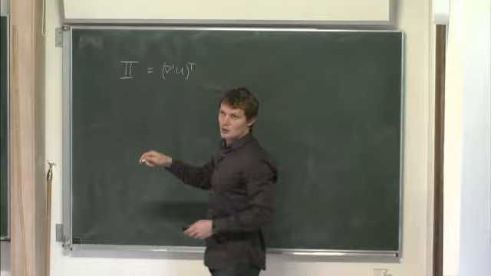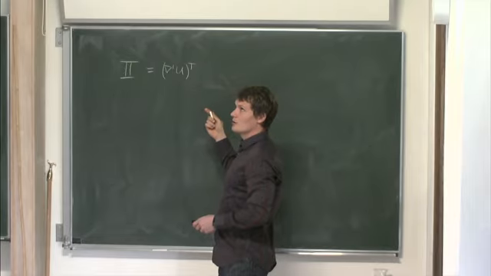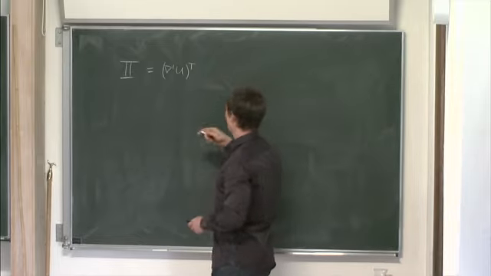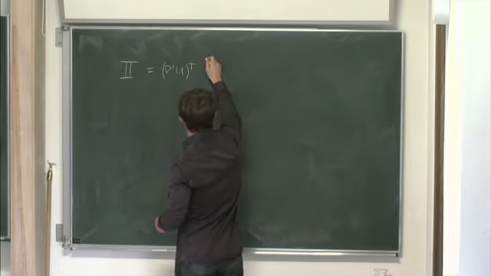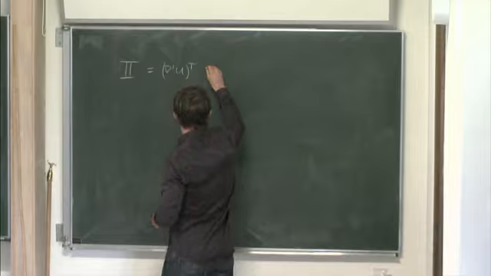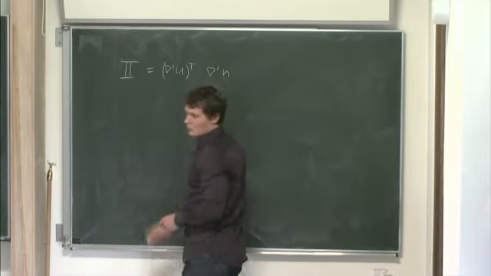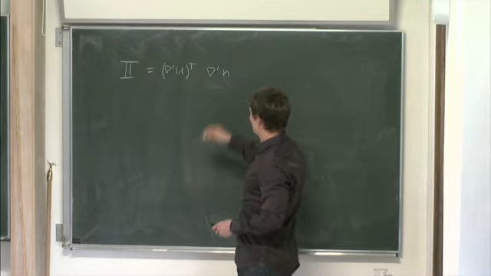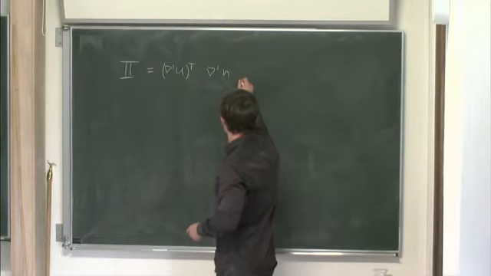This is a 3 by 2 matrix, and when we transpose, it becomes 2 by 3. Now multiply by the gradient of the normal to the surface. So the result is a 2 by 2 matrix.